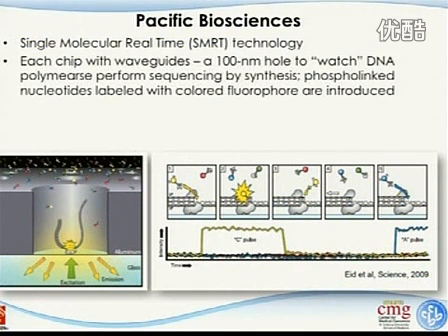So what happens is, for each chip, you can see here, each chip has waveguide holes of 100 nanometers. Basically, you can watch the DNA being synthesized. For each individual hole, which is about 100 nanometers, they have a polymerase sitting inside the hole.